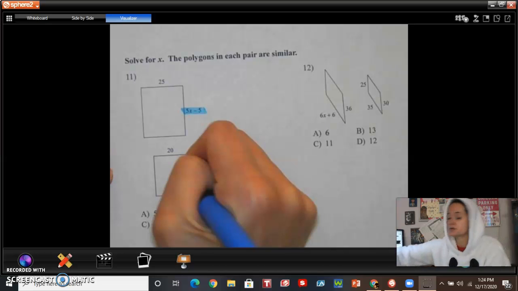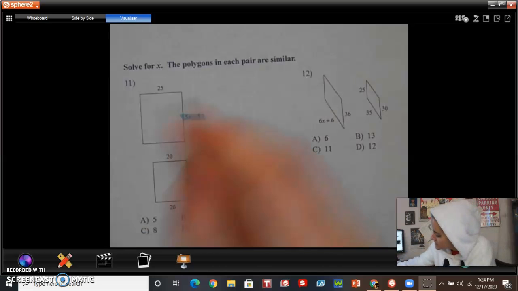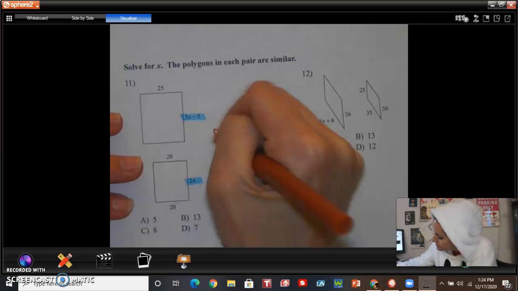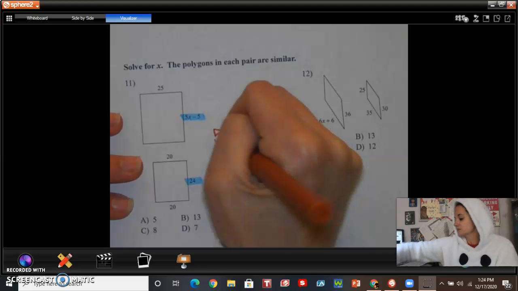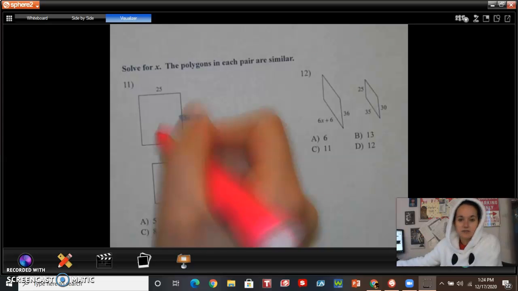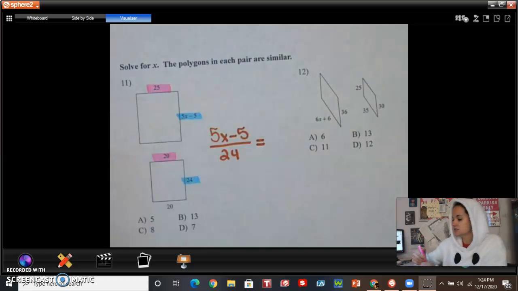So the first thing I'm going to write down is 5x minus 5 over 24 equals, and let's see what else we know. We also know here on our x figure, 25, and it matches up with 25 over 20.